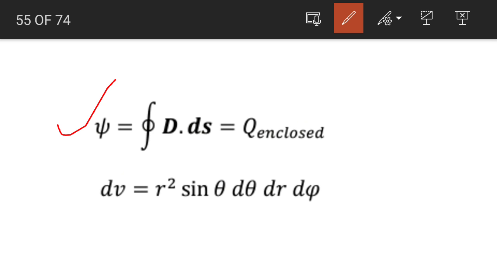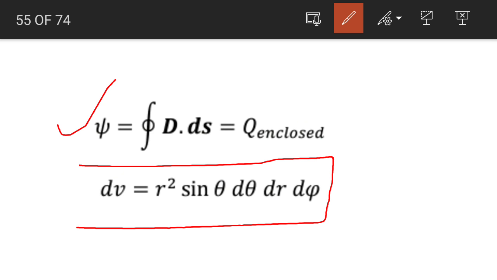As everything is in the spherical coordinate system, the differential volume in the spherical coordinate system is equal to r square sine theta d theta dr d phi.